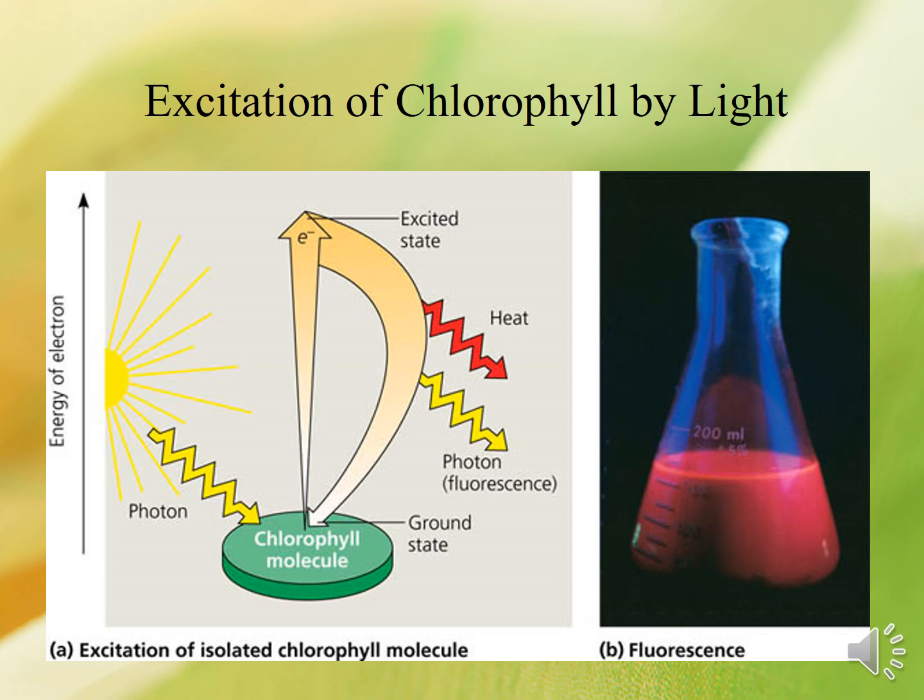It is similar to what happens during photosynthesis. Inside the chlorophyll molecule, of course, there are electrons. When the chlorophyll molecule absorbs light, this electron receives the energy and is excited to the excited state. Then it immediately drops back down to the ground state, back in the chlorophyll molecule.